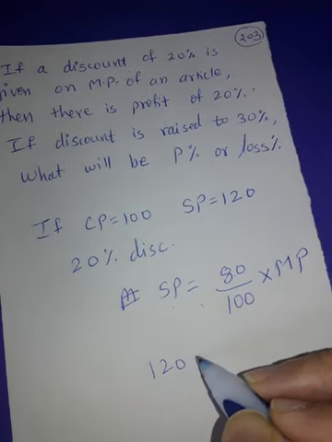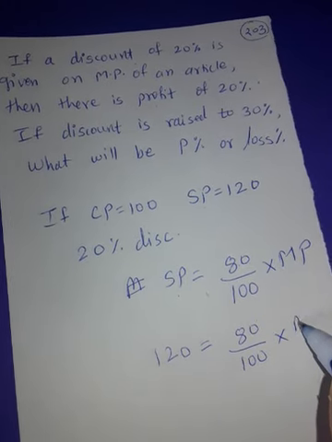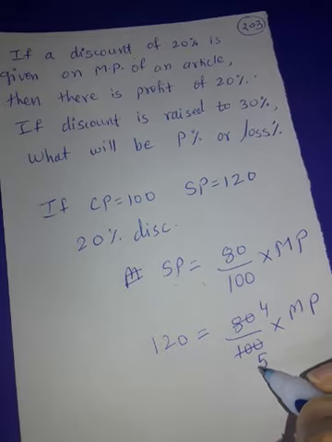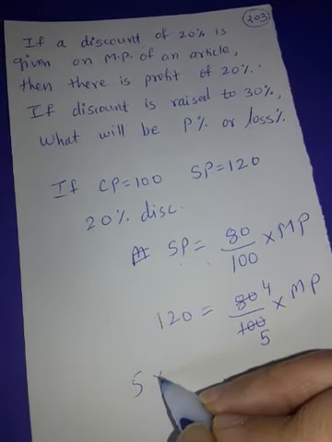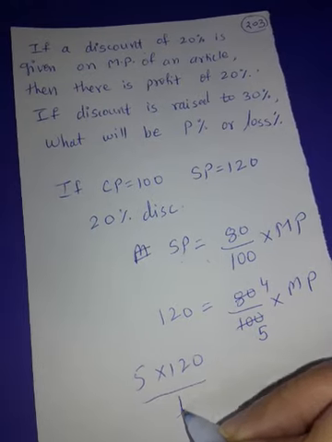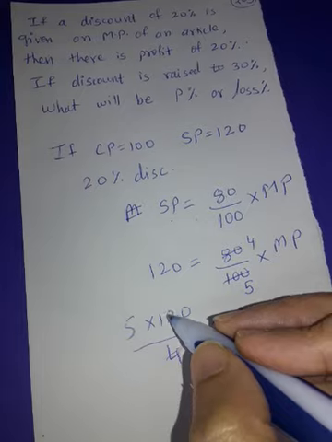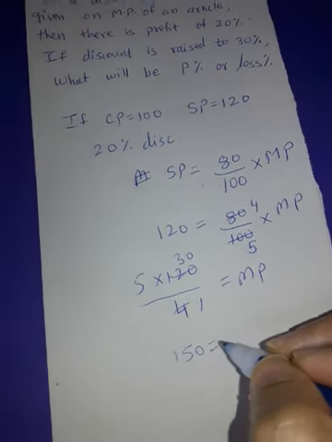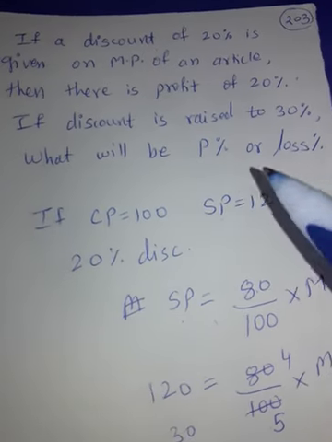SP we already have. Twenty-four and this is 25. So take this 5 above and 4 down. So MP is 150.